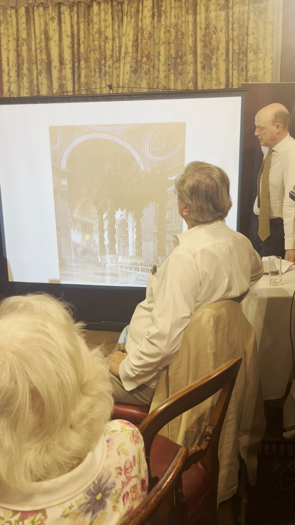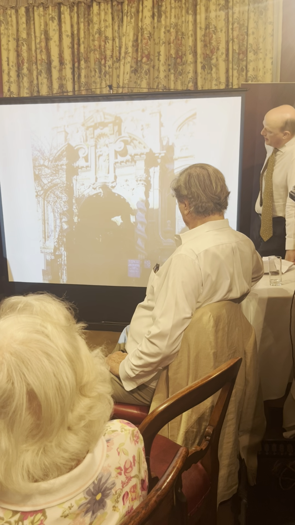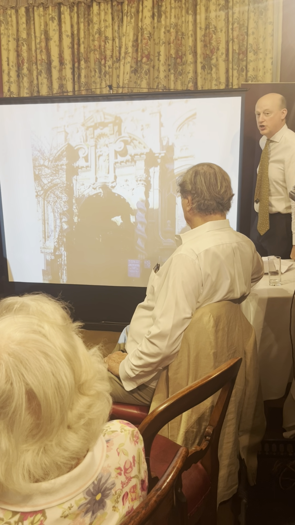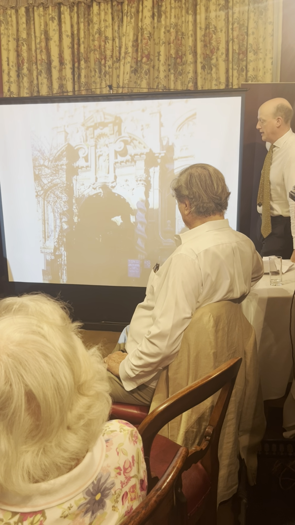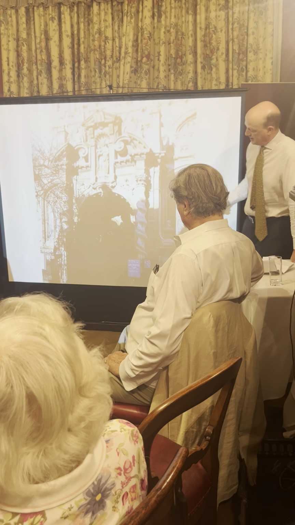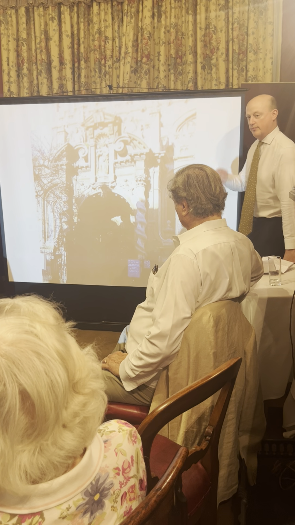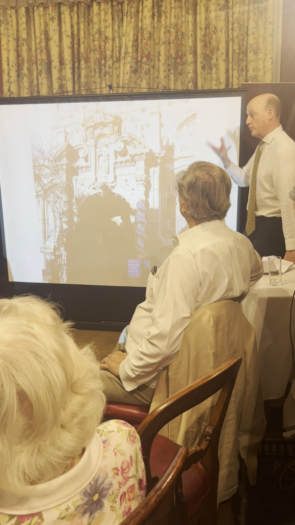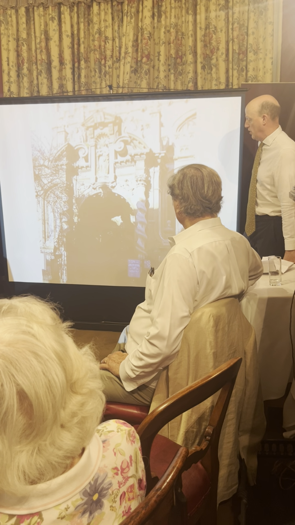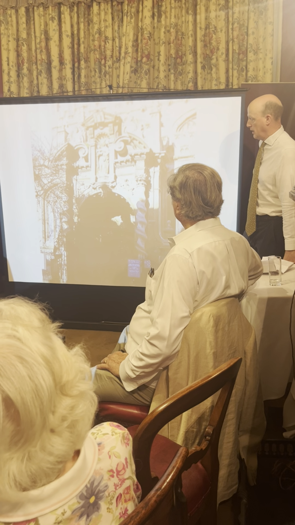Next slide, please. This is the porch of St. Mary the Virgin in Oxford by Nicholas Stone in 1620, with these wonderful twisting columns, barley sugar columns, or you can just call them twisting columns, or Solomonic columns.